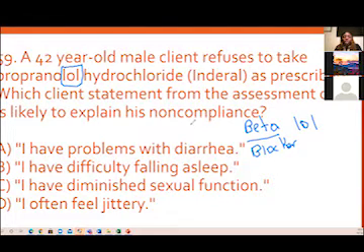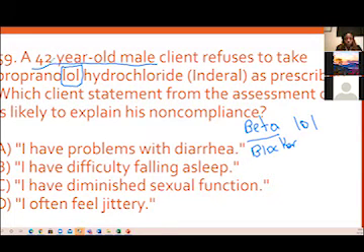Now, say that you did not know that it's used to treat hypertension. You had no clue what the medication was. You want to use an intelligent guess, if I may say. This is a male client. Sometimes when they're giving you a question, they won't tell you if it's male or female. So if they distinguish and tell you it's a male or female, it's for a purpose. So if I had no clue what the medication was, I would look at who the patient is.